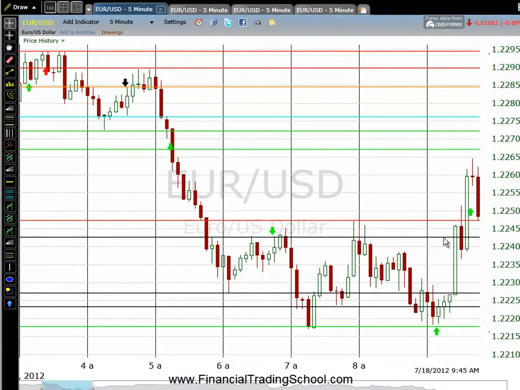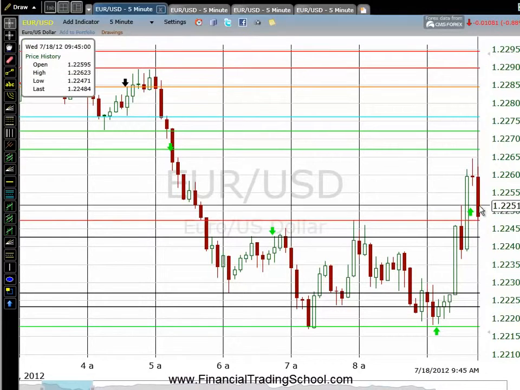So this is 30 pips here. 4 pips inside here represents 1/7. 4 pips in the whole daily range is only 1/20th. So that's 5%. So overall, this is a pretty decent entry.